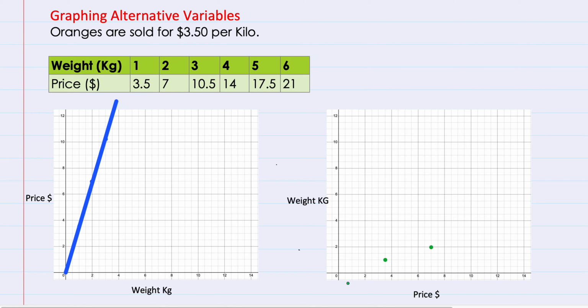Notice already, we can already see that I'm going to end up with a much less steep gradient. 4 kilos, we end up with 14. I'm going to go straight to them. Oh, and I skipped one, so 3 kilos, 10.5. Right around there. All right, and if we draw our line, as you can see, it's much less steep in that one there.